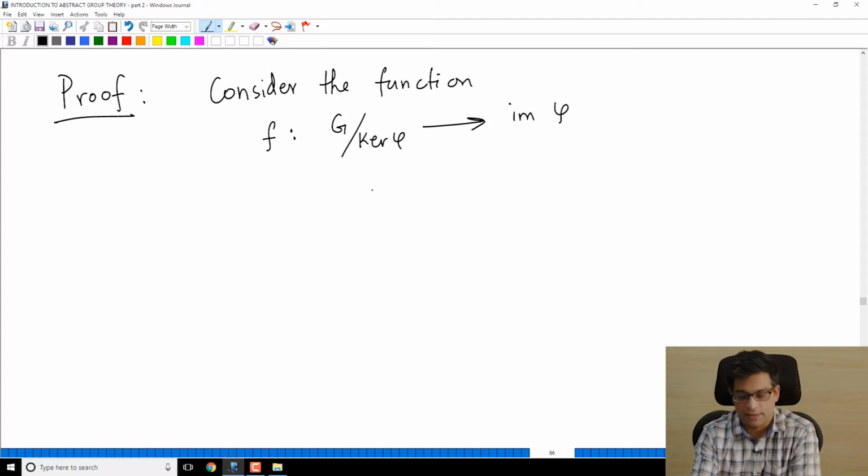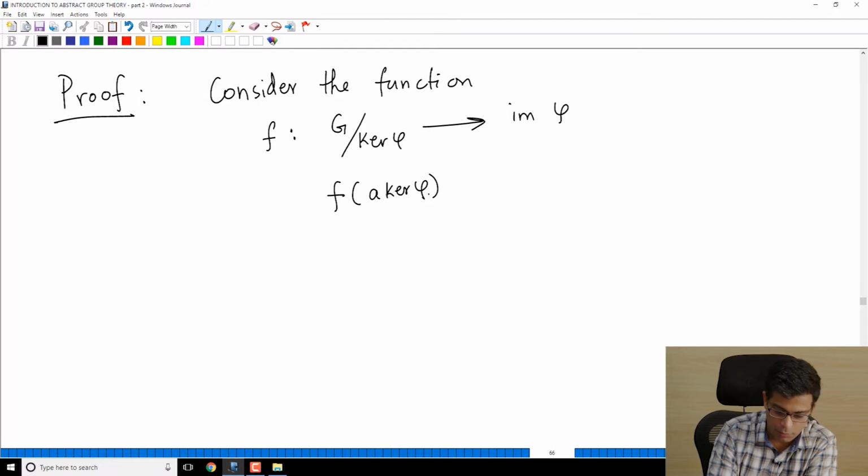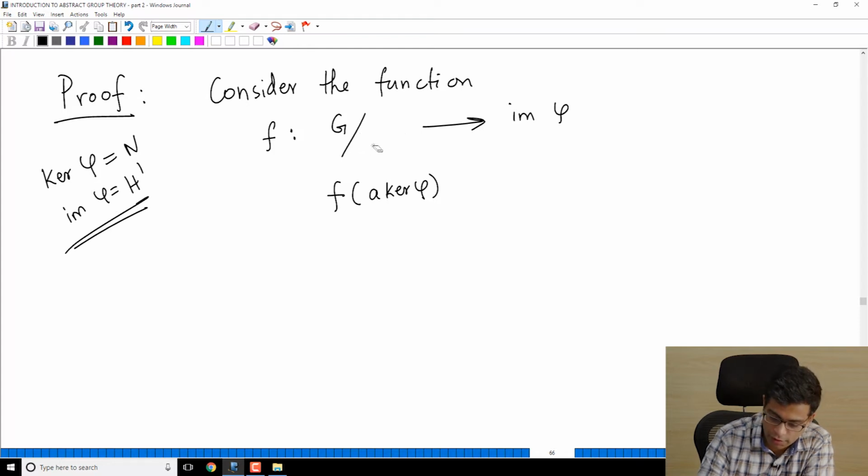The function is the same as in that problem. What is the function? You take an element of the form a times kernel phi. So I think it's probably better if I use letters like before. I'm going to rewrite this as f from G mod N to H prime. And what is this? This sends aN to phi of a.